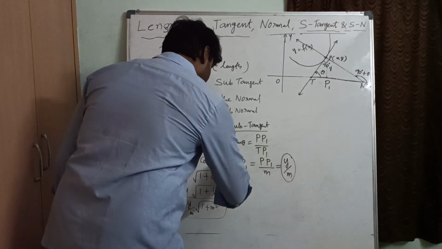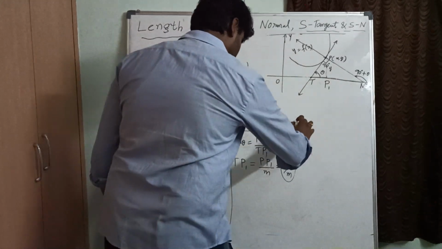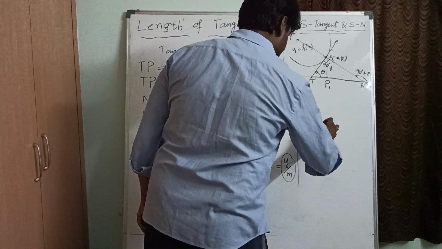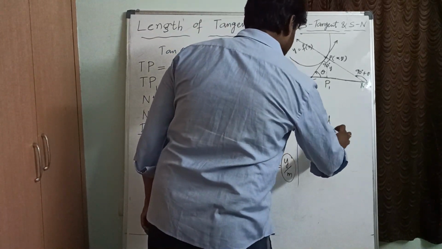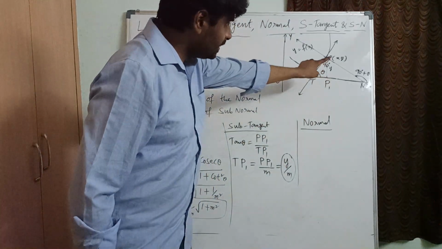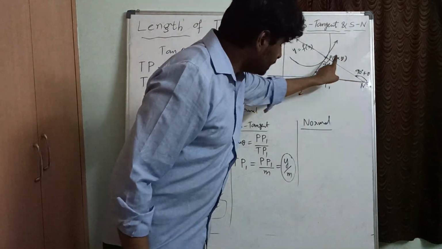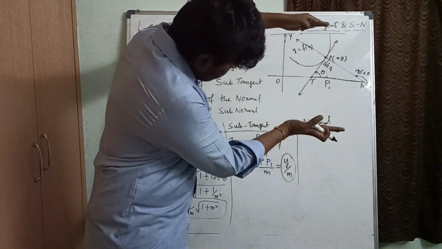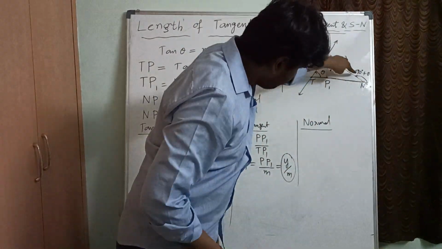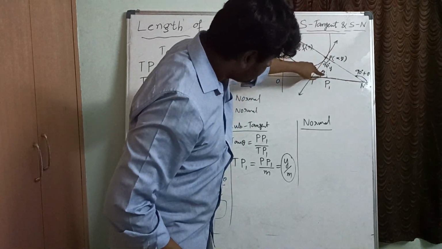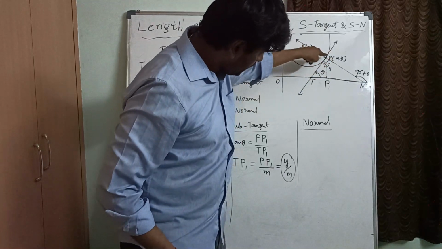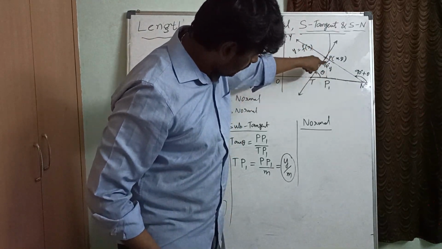Now let us go for the length of normal. What is the normal length here? PN. In this triangle, observe: this is the hypotenuse, this is opposite, and this is adjacent.